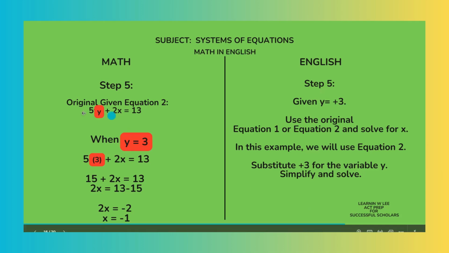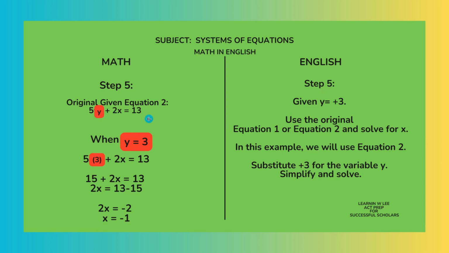So my original equation 2 was 5 times y plus 2 times x is equal to 13. And when y is equal to 3, we can rewrite it as 5 times 3 instead of 5 times y. Then we'll add that to the 2x is equal to 13. We'll simplify and solve for the last step.